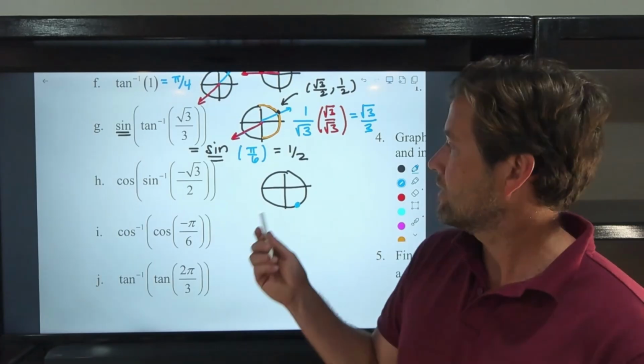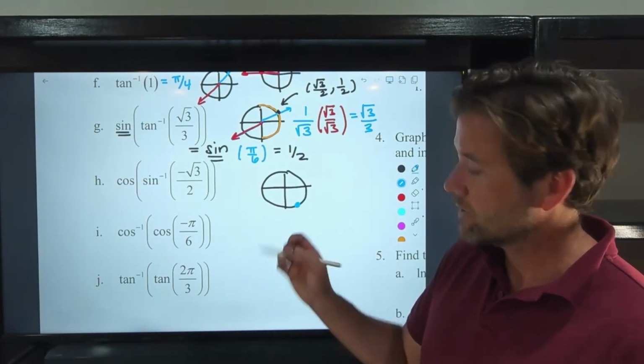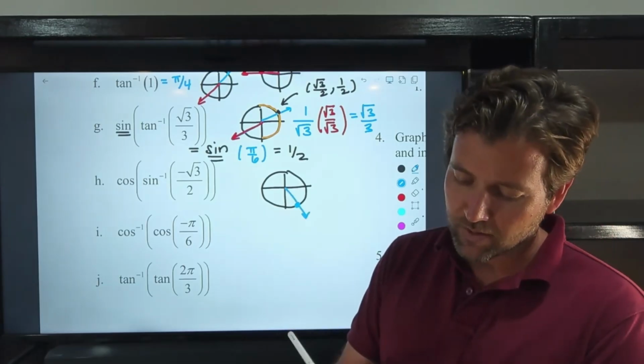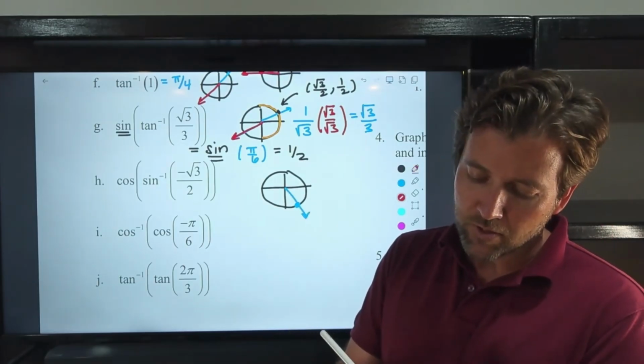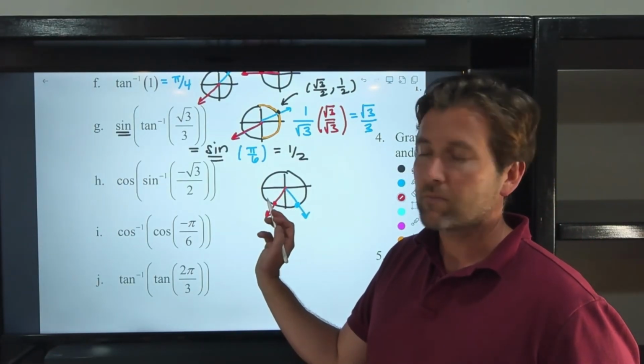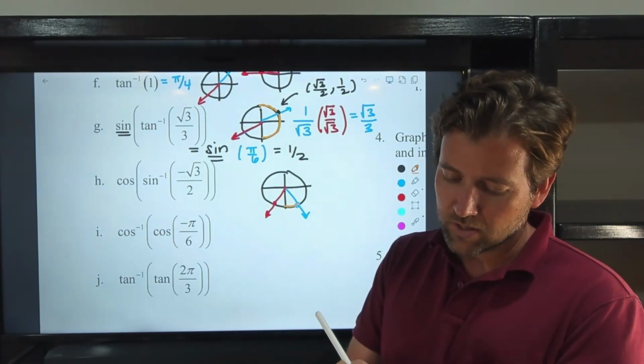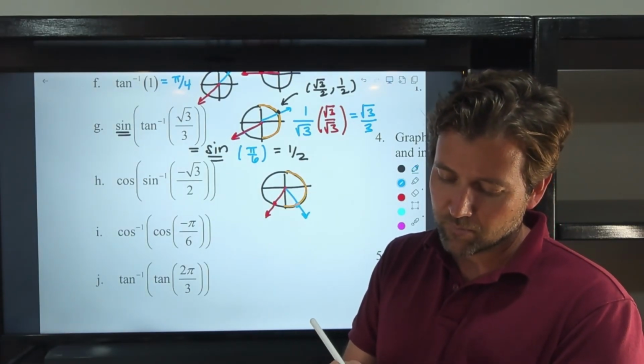There's a y value of negative square root of 3 over 2 right there. It's going over to the half, down negative square root of 3 over 2. Technically, there's another point over here that also has a y value of negative square root of 3 over 2. Arc sine, again, has to be an angle between or including negative pi over 2 to positive pi over 2.